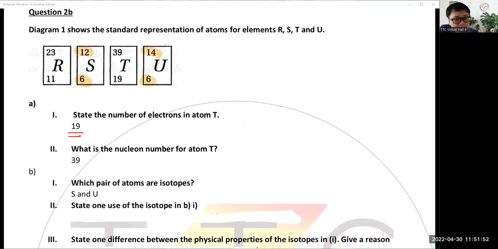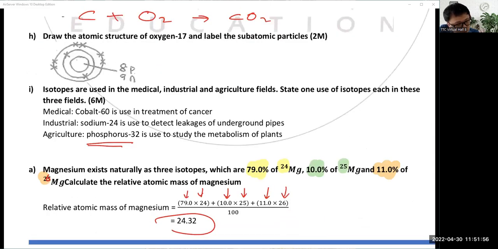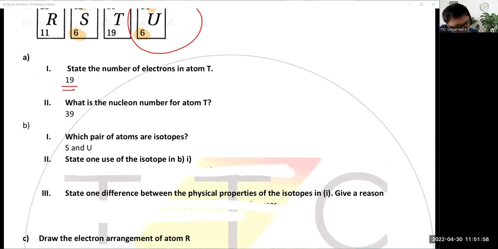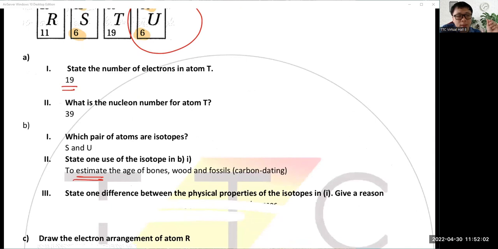Then state one use of this one. For this one it is carbon-14. So you remember carbon-14 is used to detect the age of the fossil, but you have to write estimate, because we only manage to estimate how long ago this animal died, maybe 1,004 years to maybe 1,005 years at least.